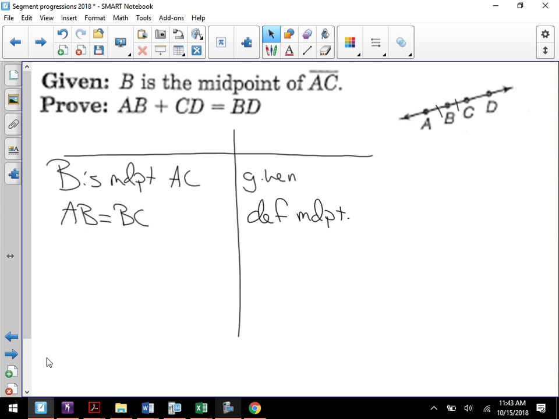What is segment BD made up of? I know that BD is made up of BC and CD. What tells you that you can add two smaller segments to make a larger? There's your reason.